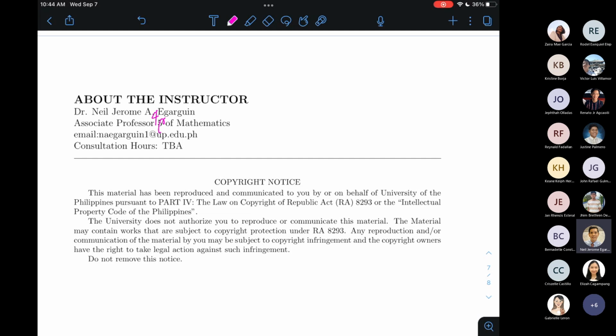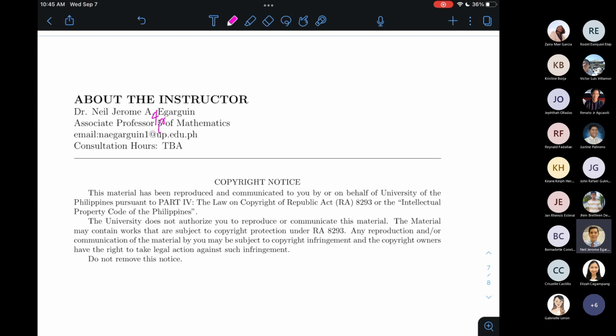So kaya ang ginawa nila, ni-record na nila, meron silang mga video recordings nung actual classes. So nakalagay sa study guide, watch the video for this week. But never mind that, instead of watching the videos, just go to this online meeting, and then I'll discuss everything, ano? So hindi lang natin papanoorin yung mga videos, I'll do the discussion live.